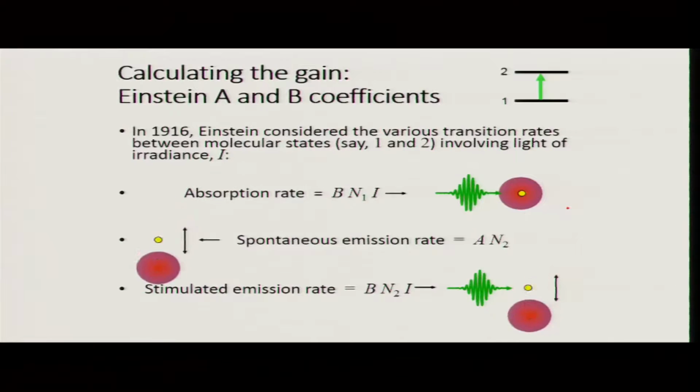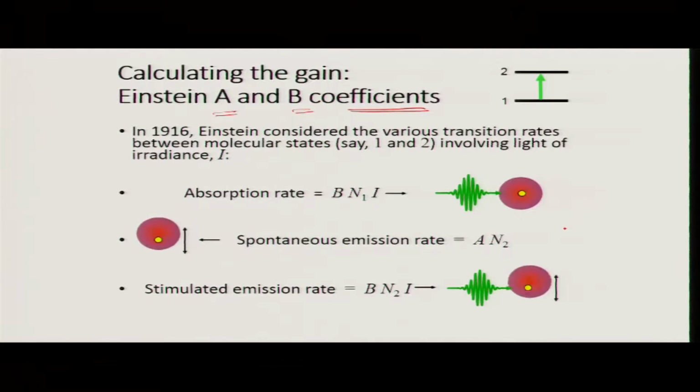Now, how can you calculate the gain? Here we go back to what Einstein did in 1916, where he considered two parameters, A and B, which are Einstein's A and B coefficients, as they are called.